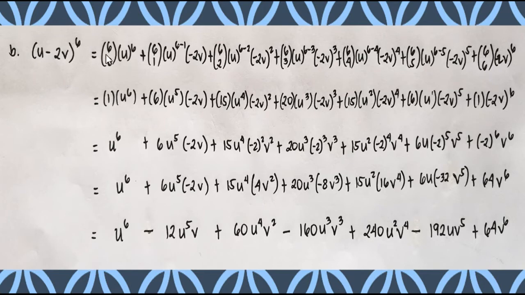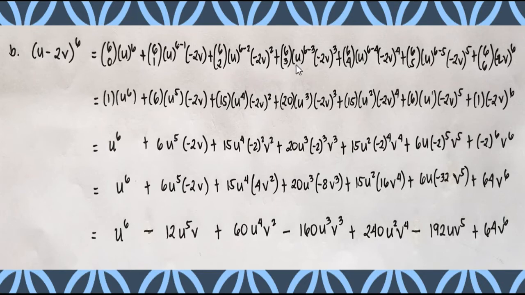So we follow the pattern: 6 taken 0 at a time, u to the power of 6, plus 6 taken 1 at a time, u to the power of 6 minus 1, times negative 2v to the power of 1. Plus 6 taken 2 at a time, times u to the power of 6 minus 2, times negative 2v to the power of 2.